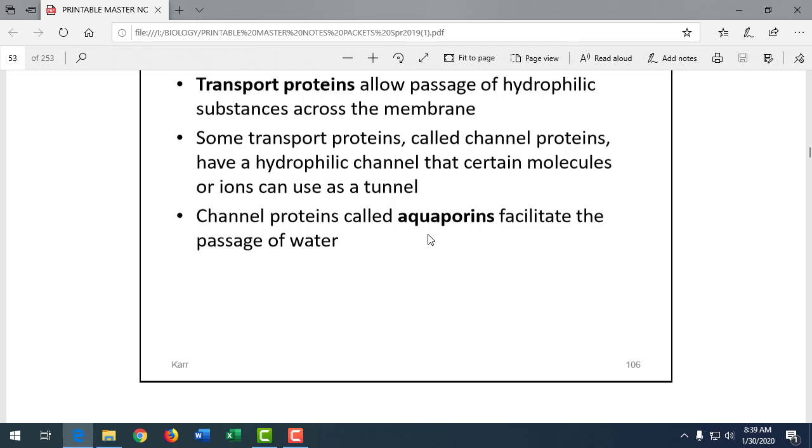Remember we drew a picture of a water molecule and it has that slightly selfish oxygen, which is electronegative because it pulls electrons a little closer to it. Remember we talked about cohesion and adhesion, those charged water molecules, so those can't pass through. They need a channel, so these are always open little channels called aquaporins.